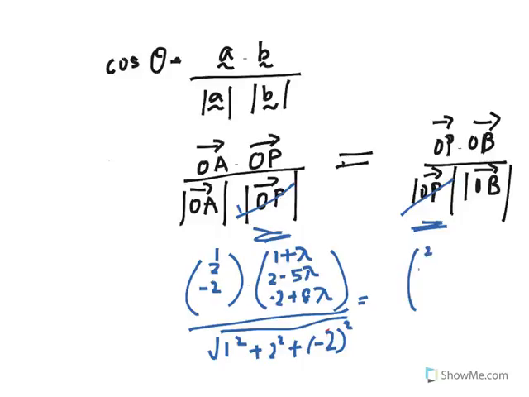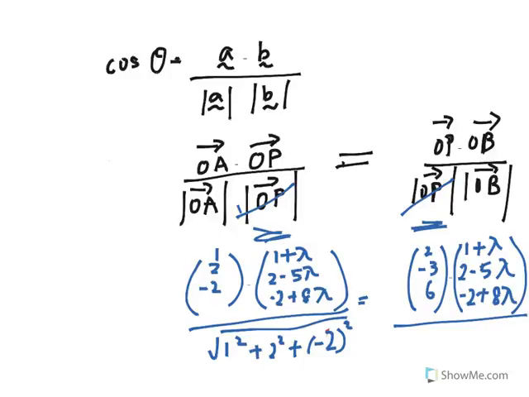OB is (2, -3, 6). OP scalar product with OB, using (1 + lambda, 2 - 5 lambda, -2 + 8 lambda). And the modulus of OB is the square root of 2 squared plus negative 3 squared plus 6 squared.